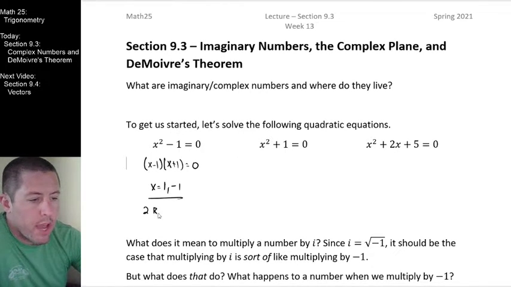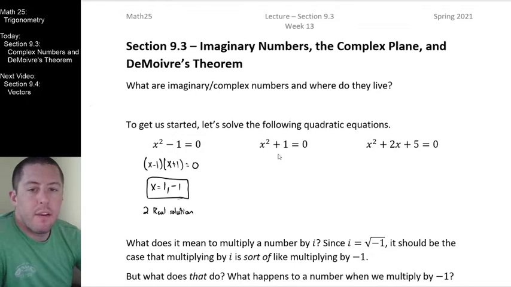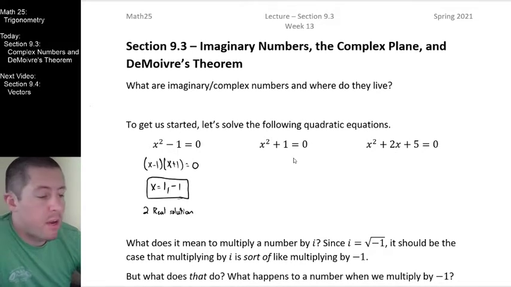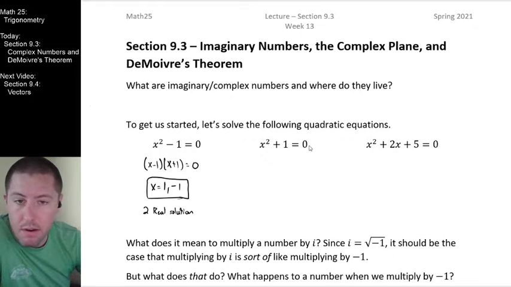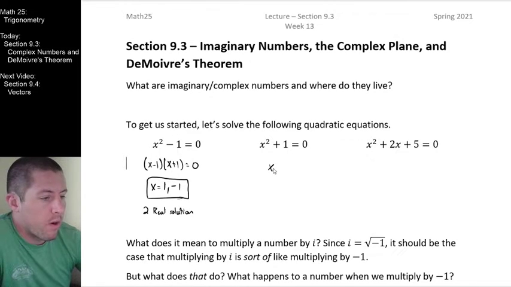So notice here we got two real solutions. We had real valued numbers to start with and we got real solutions. On the other hand, if I say I want to solve the equation x squared plus 1 equals 0, this is like saying what number could I square and then add 1 to and get 0. Well, you can clearly see we need x squared to be negative 1.